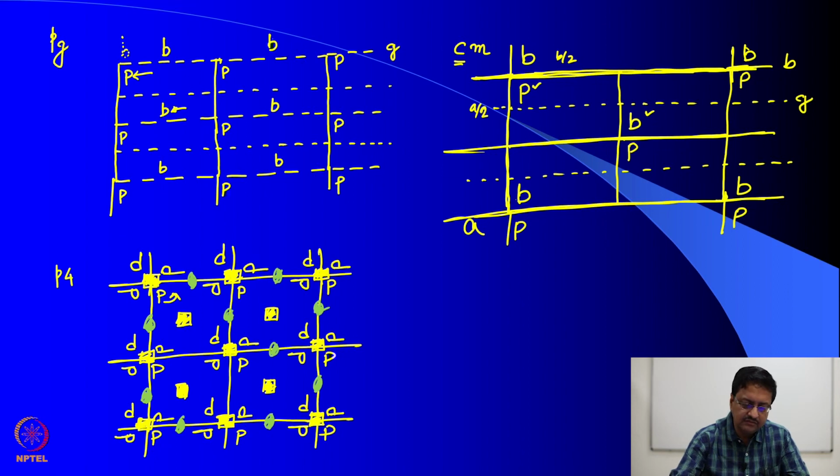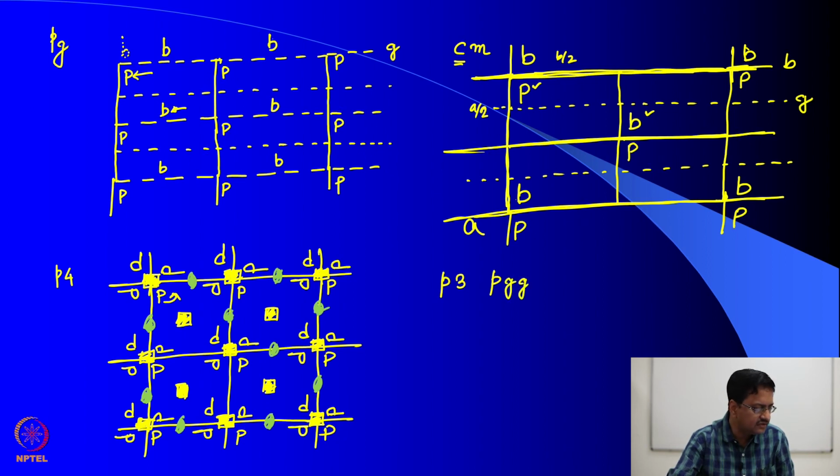So with these representations, I would like to leave it here for you to draw it yourself and draw other two-dimensional point groups which are like P3. Then you can draw PGG.